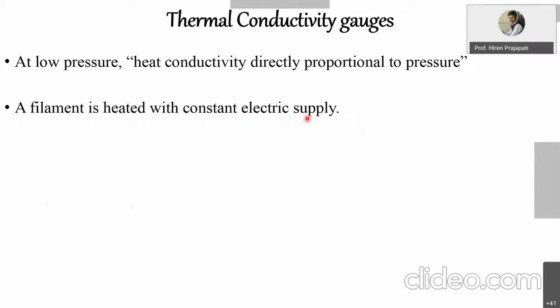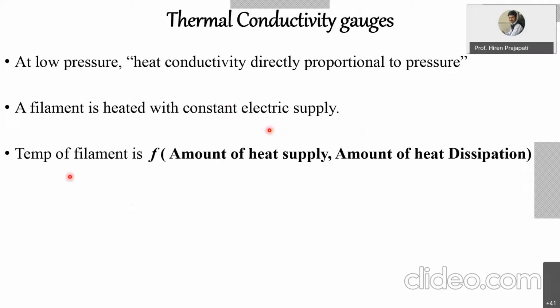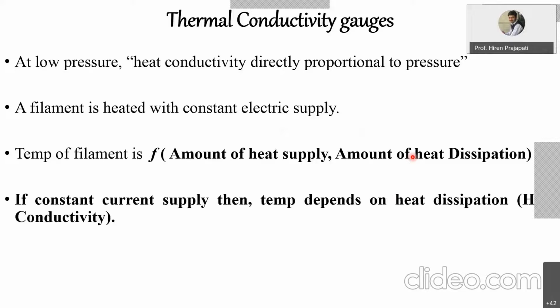Now the temperature of the filament is a function of two quantities: one is heat supply and second is heat dissipation from the filament. But with constant current supply, the temperature is only a function of heat dissipation, that is, thermal conductivity. Based on this principle, this instrument works.